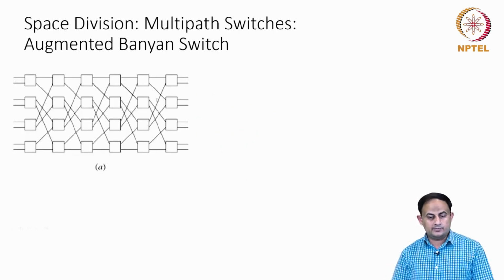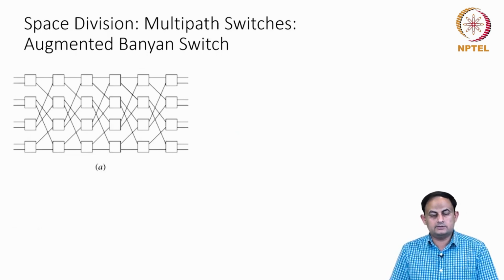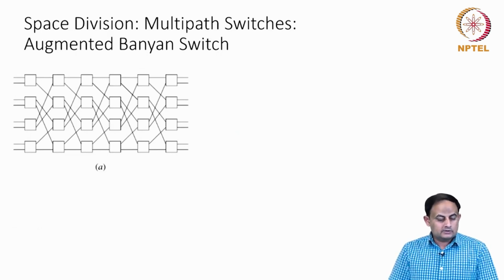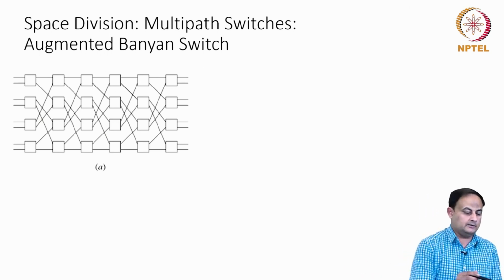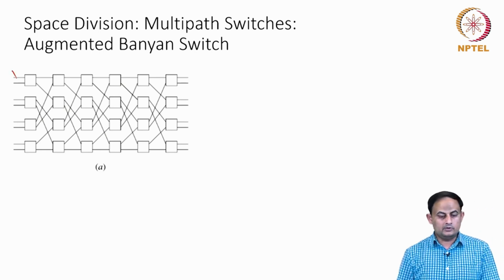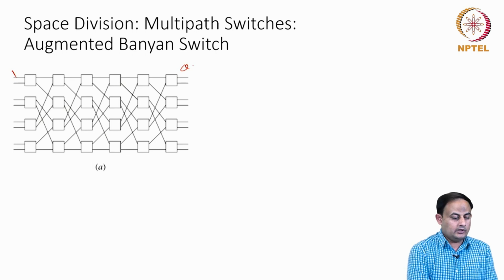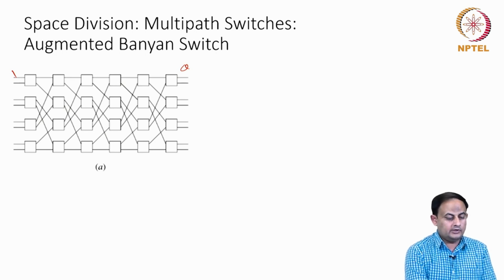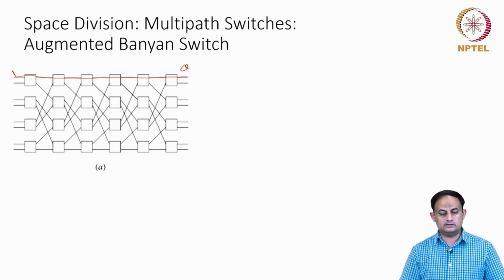So here is an example, which is a variant of the banyan switch called the augmented banyan switch. Here there are multiple paths available for the input and output pairs. For example, if this is input port number 1 and this is output port number A, one path from 1 to A is this direct link running in a straight line.